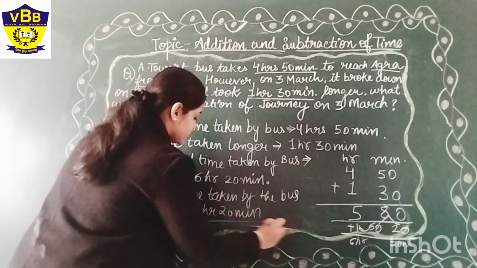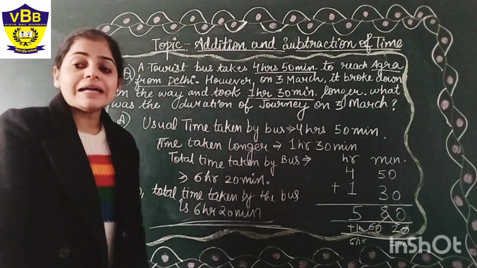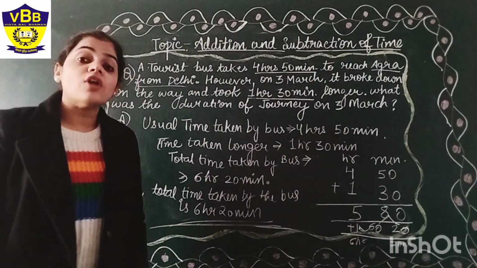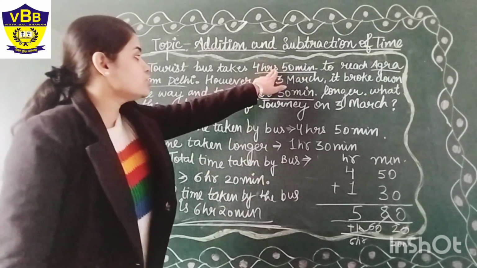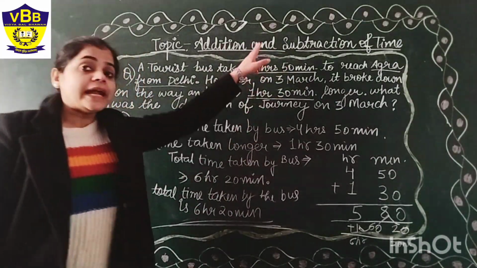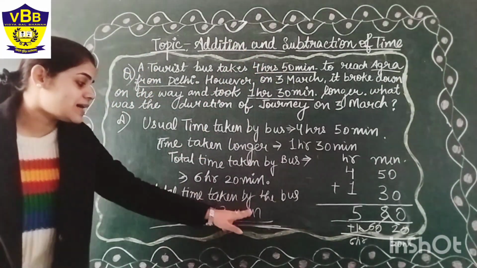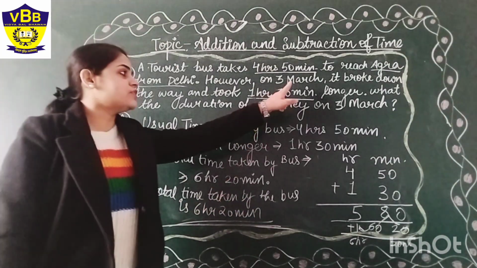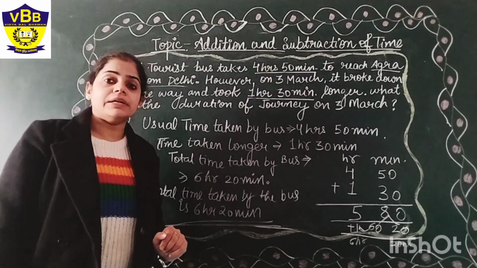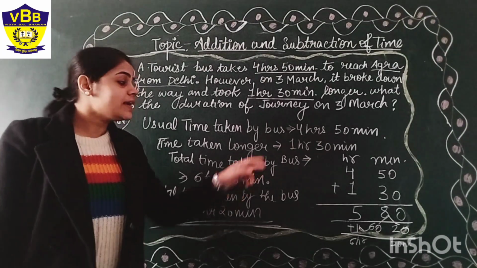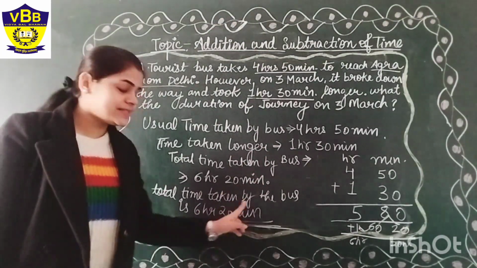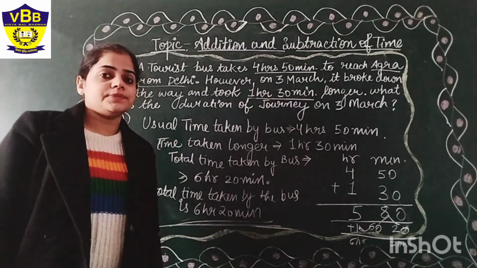What is the final answer? 6 hours and 20 minutes. Instead of traveling 4 hours 50 minutes, it takes a longer time of 6 hours and 20 minutes because of the breakdown that occurred in between the travelling. Okay, so our final answer will be 6 hours and 20 minutes.